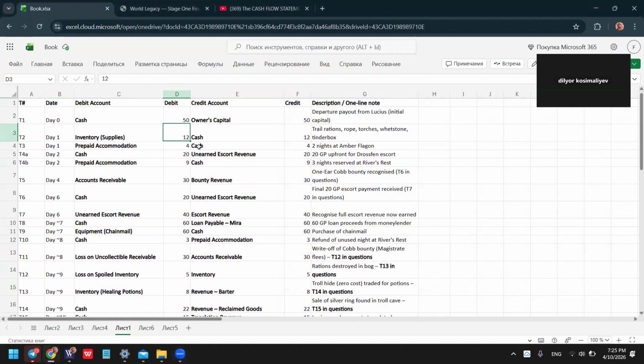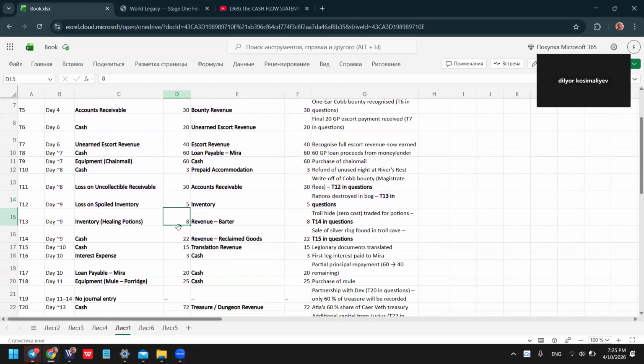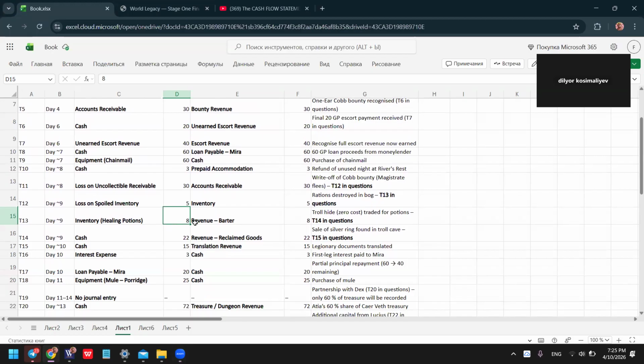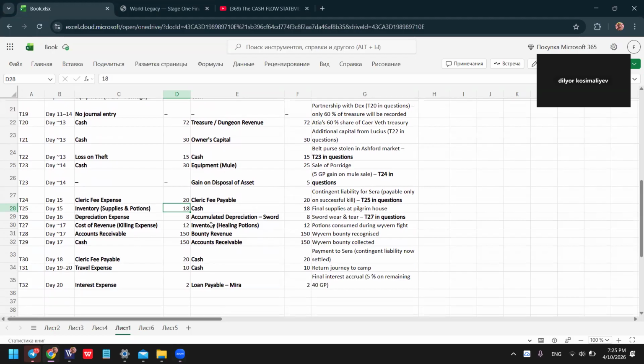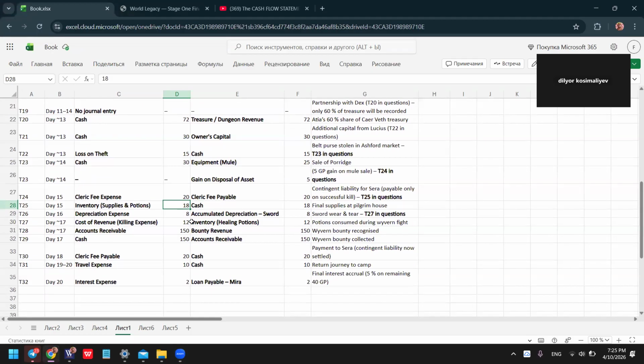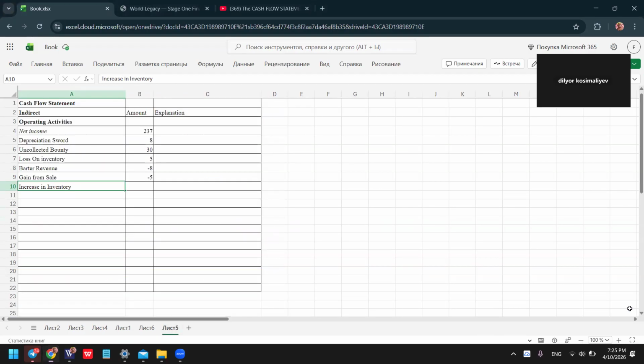So 12 minus 5, 7, 8. So it's plus 8. 7 plus 8, 15. So then we have this. So 15 plus this, it's 33. And then we have this cost. So it's minus. So 33 minus 12, it's 21. We're getting 21.